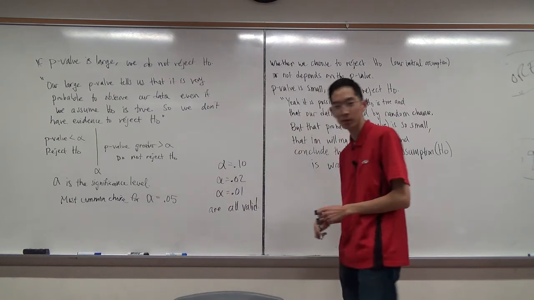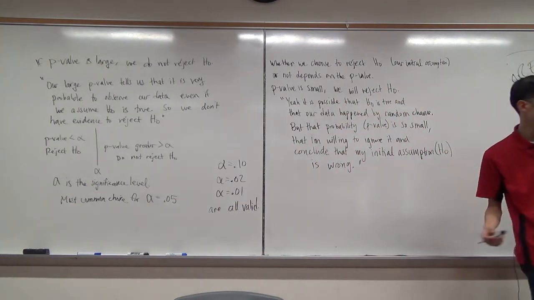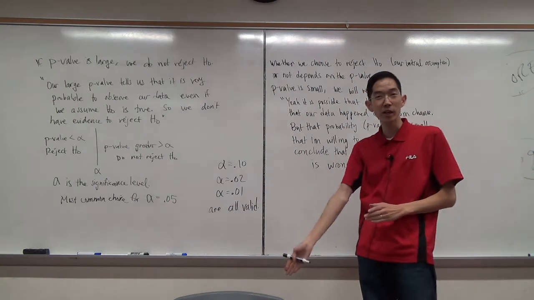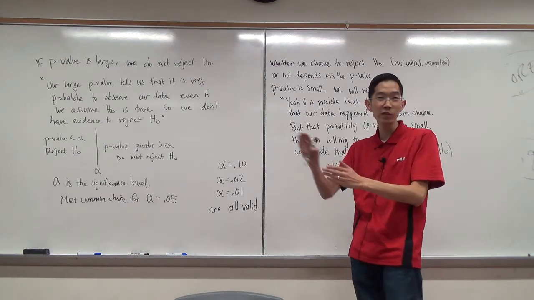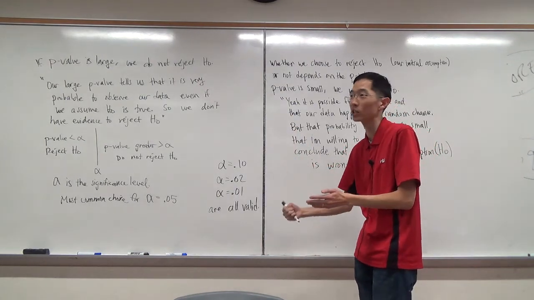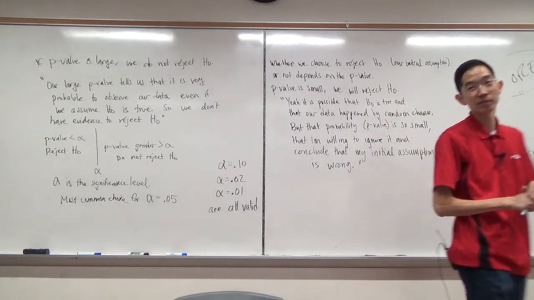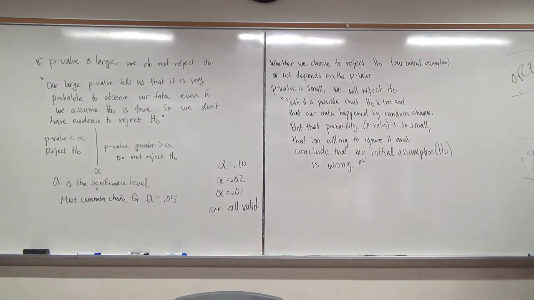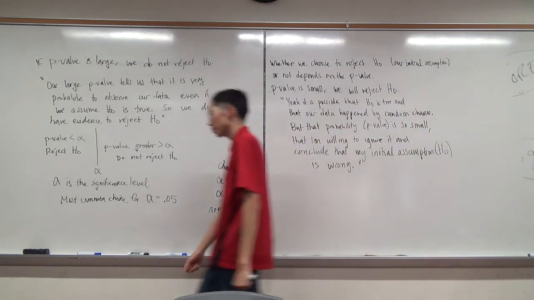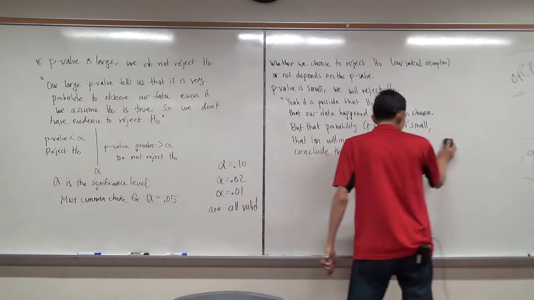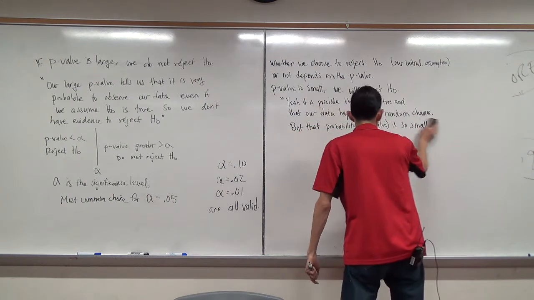But alpha equal to 5% has somehow become the most common choice for this significance level. We're just drawing an arbitrary line: if my p-value ends up bigger than this, I'm not going to reject. If my p-value is less than this, I'm going to reject. But your choice of alpha is a little bit arbitrary, and I just want to give you some guidelines as to when you want a large alpha or a small alpha.